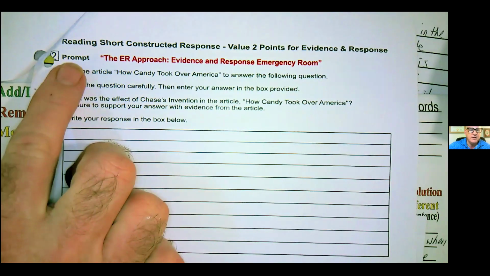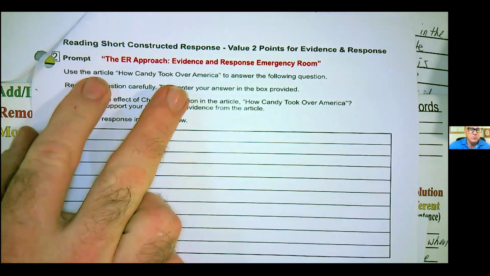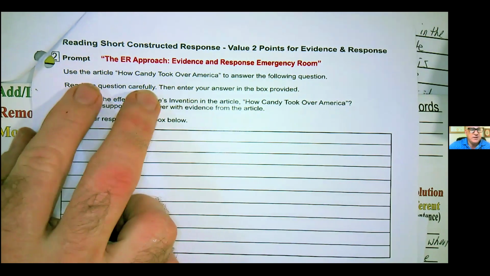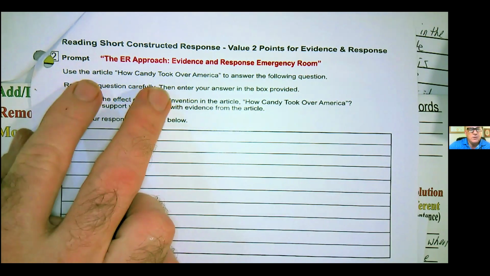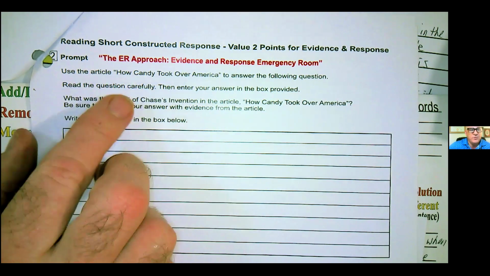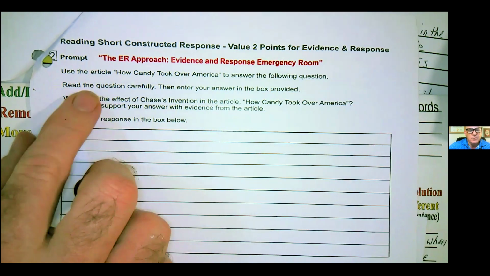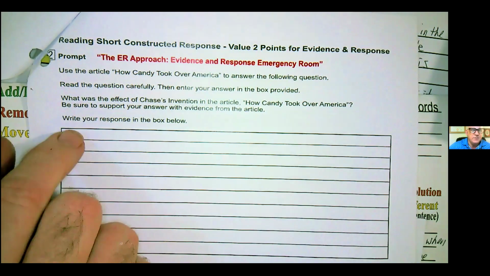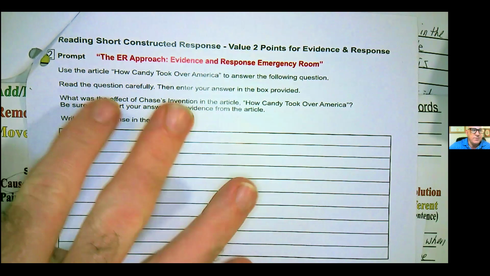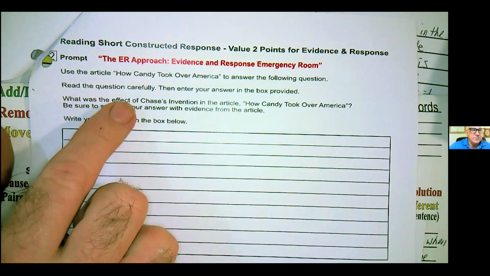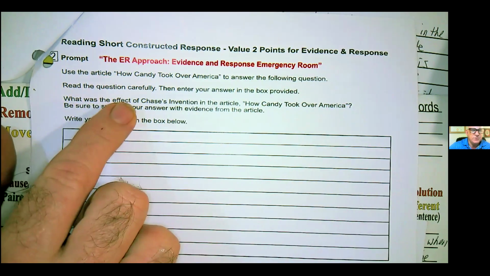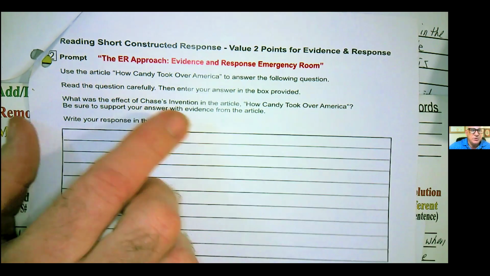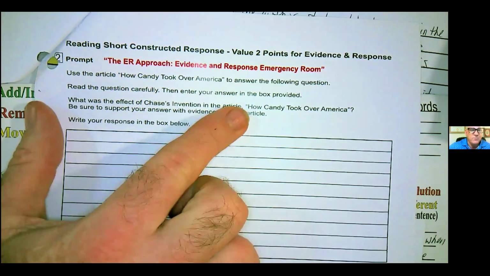It's the secondary test, week 2 of the test that I sent you. Use the article How Candy Took Over America to answer the following question. Read the question carefully and then answer in the box. There's your box, and this can be on computer or on paper. What was the result of Chase's invention in the article How Candy Took Over America?